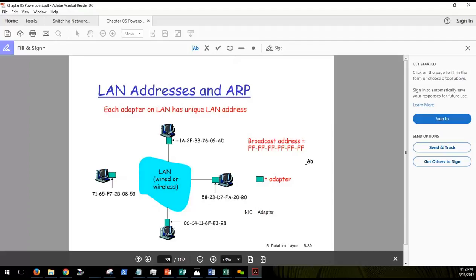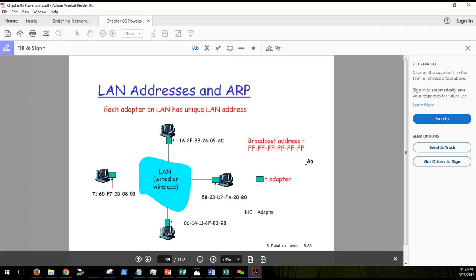Physical addresses, correct. Give me an example of a physical address. A MAC address. Correct. And how big is a MAC address? 48 bits. Correct. Very good.